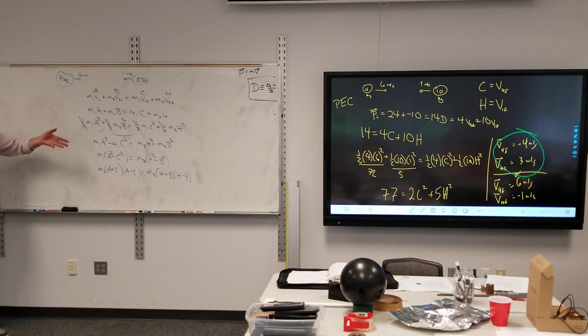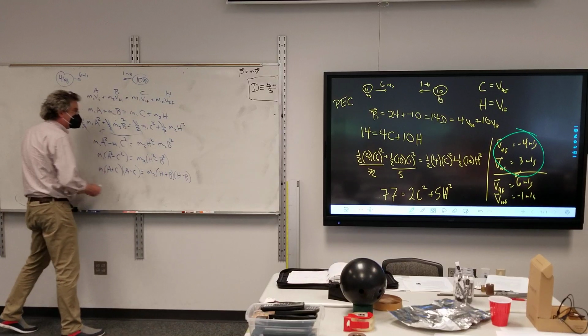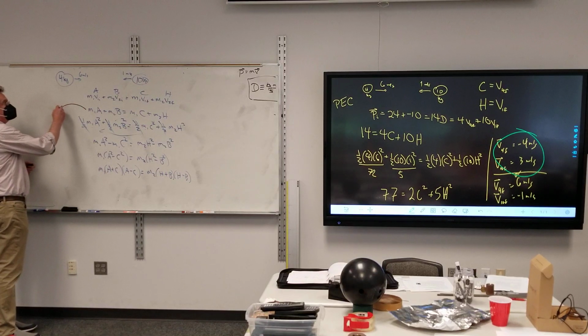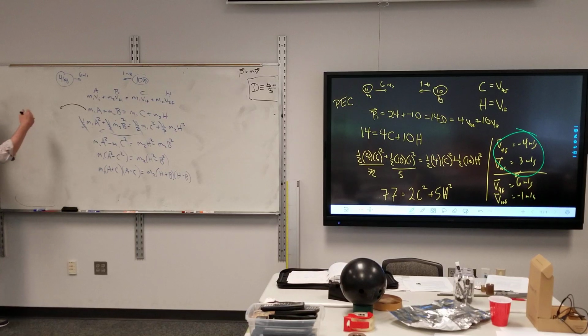Now to simplify this, I'm going to divide by what I have up here. I'm going to manipulate this just a little bit, and we'll go for the typical stunning visual effects. I'm going to get the M1s together, so I got M1A minus M1C, and that's going to be equal to M2H minus M2B.